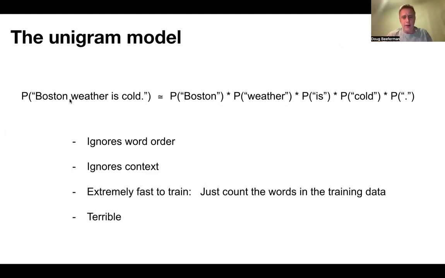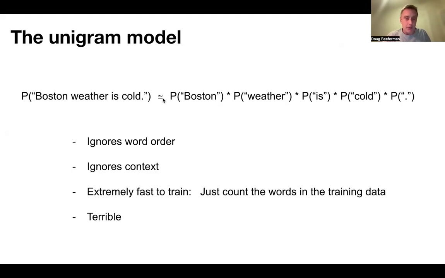The 1-gram model just decomposes the probability of a sentence into the independent word probabilities that it then estimates from data. So the probability of someone speaking the sentence "Boston weather is cold" might be the probability of Boston times the probability of weather times the probability of is, and then the probability of cold followed by an end of sentence marker.